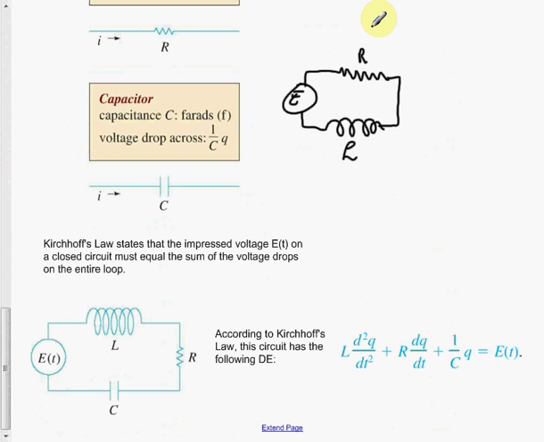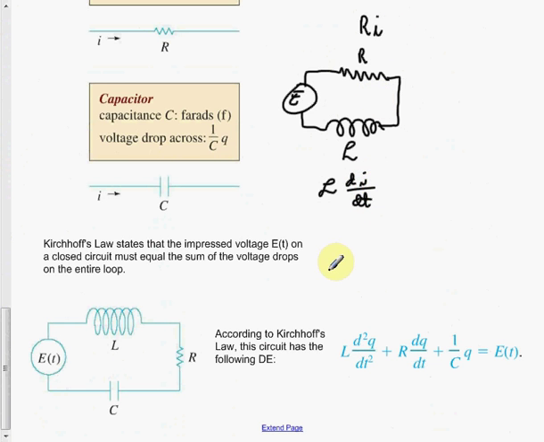Here the differential equation is going to have the resistance times the so-called current, and then the inductance is associated with the derivative of that current, di over dt.